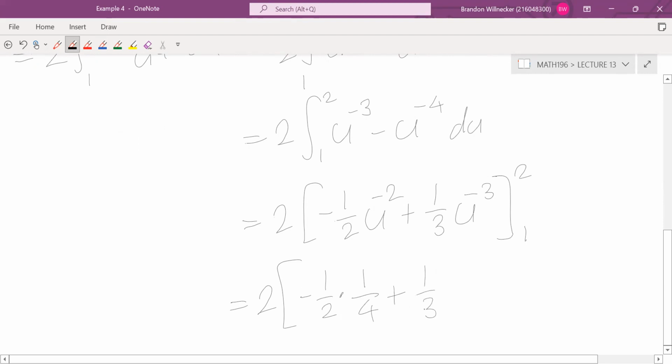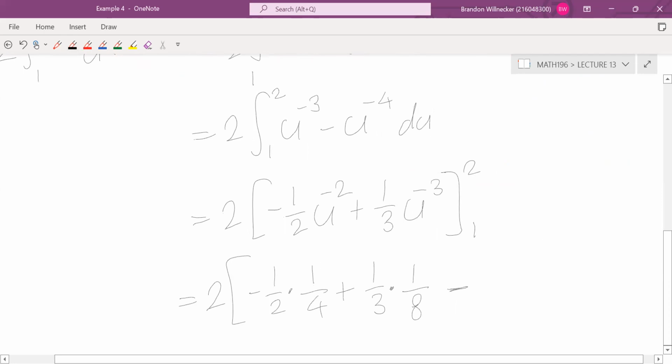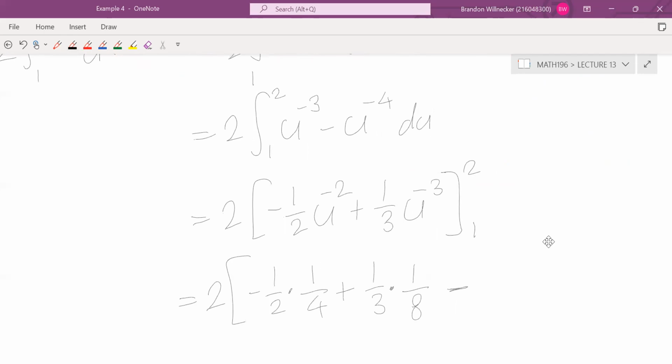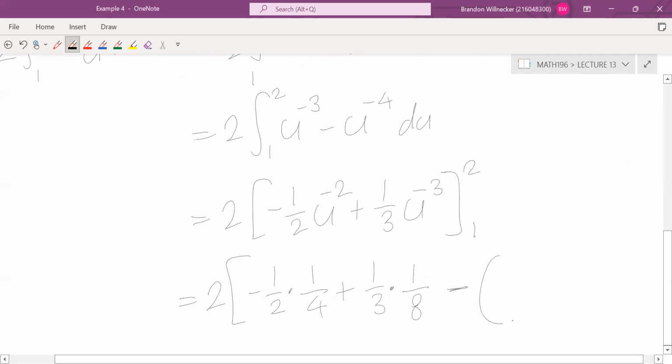Plus 1/3, 2 to the minus 3, that's going to be 1/8. Then we need to subtract the lower bound. So it's going to be minus, in brackets, if I substitute 1, I'm going to get minus 1/2. And again, if I substitute 1, I get plus 1/3.